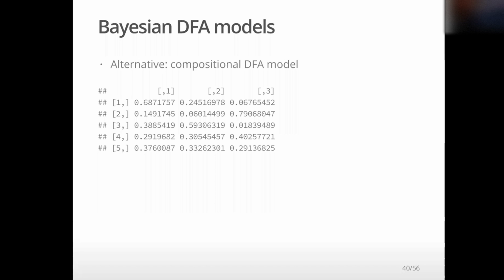In this case, I'm talking about a mixture in the sense that each of the time series can be expressed as a perfect mixture of the underlying trends. We're observing 5 time series, and there are 3 underlying trends in this model. Each of these elements represents the proportion that each of those underlying trends contributes to the time series that we observe.